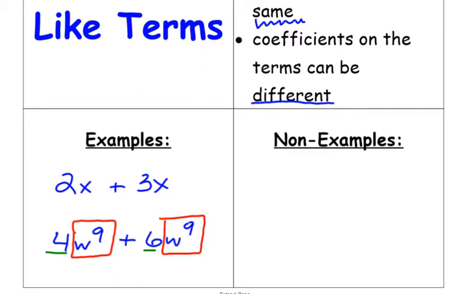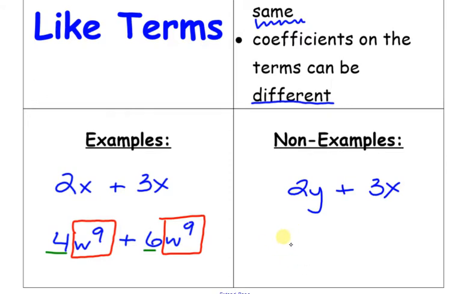So let's look at some examples of unlike terms. Some non-examples. 2y plus 3x. Well, very simple. The variables are different. We cannot go any further. We have to stop there.